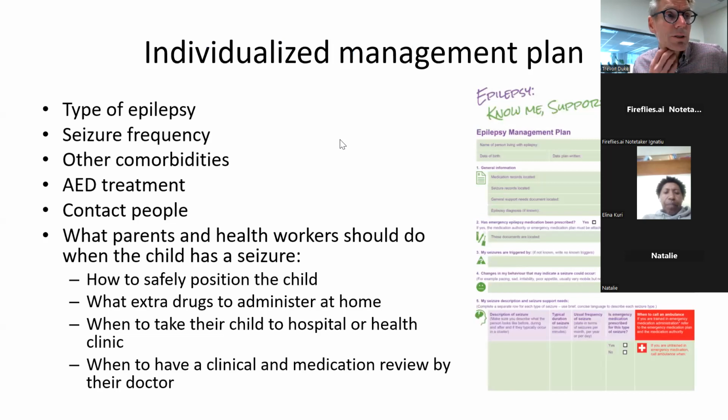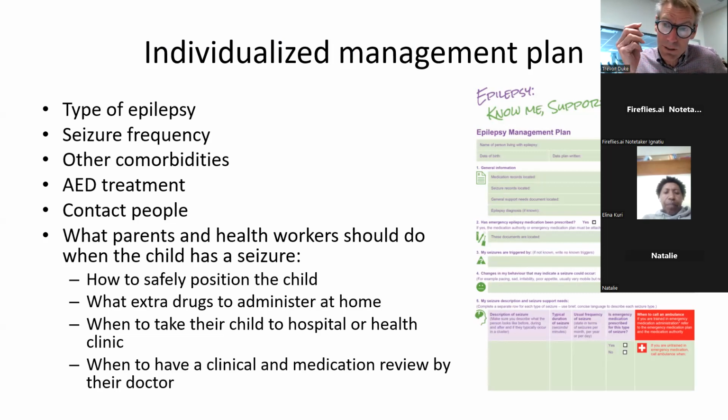All children with epilepsy need to have an individualized management plan, and I tend to write out an individualized management plan for every child I look after with epilepsy, and it should have these areas on it.